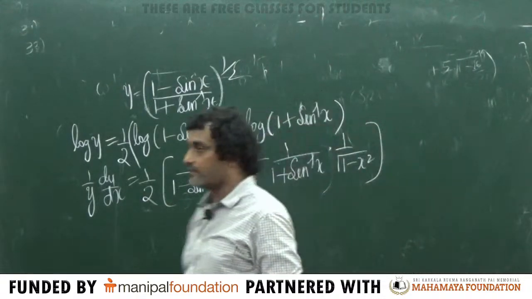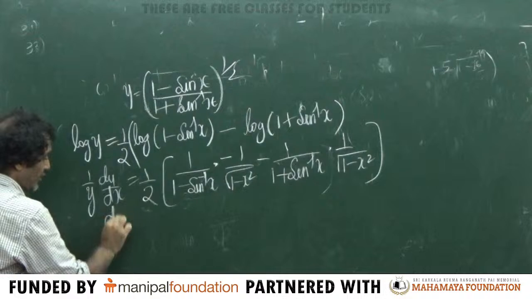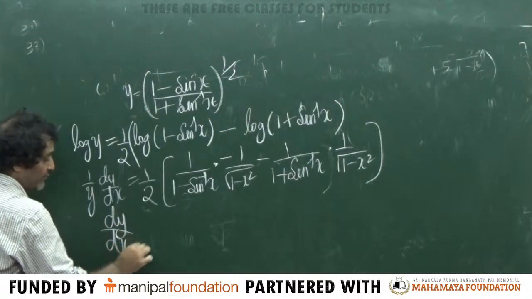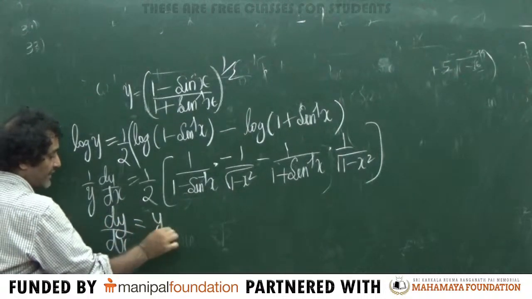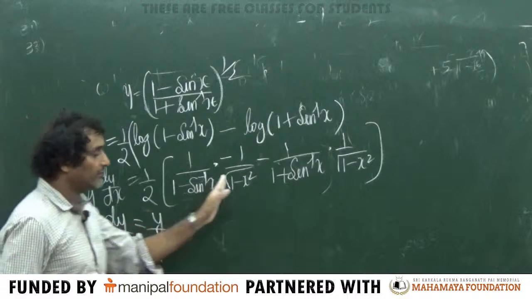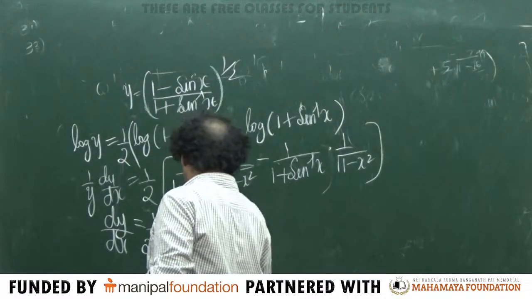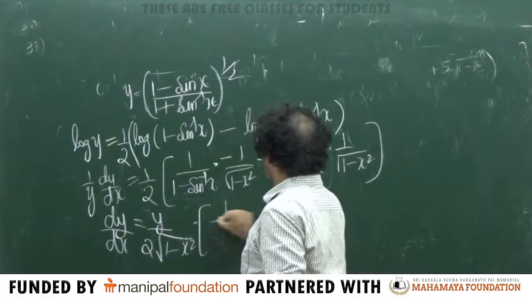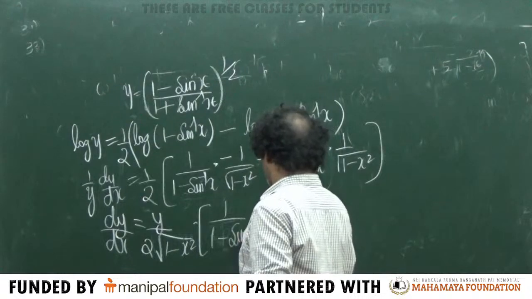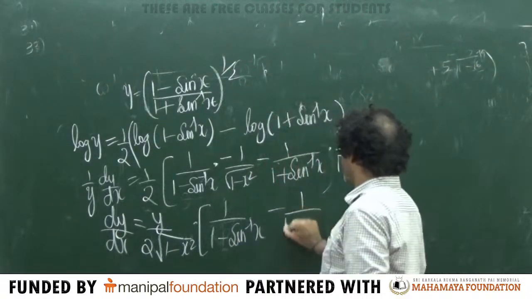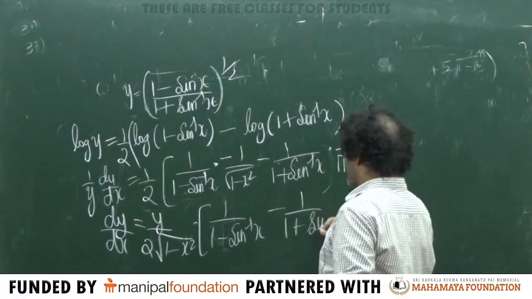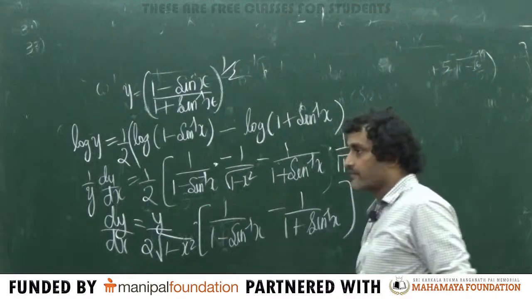What I'll do is, I want dy by dx common. So I'll take y by 2 and 1 minus x square is common, no? So 1 divided by 1 minus sine inverse x minus 1 divided by 1 plus sine inverse x. Correct, right?